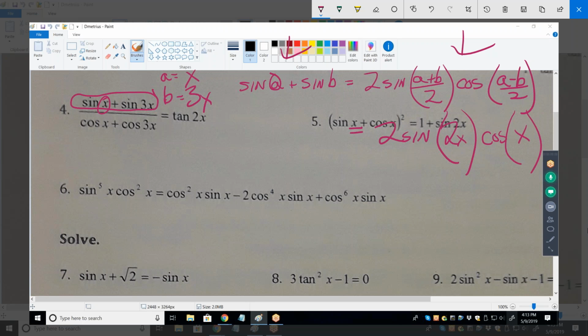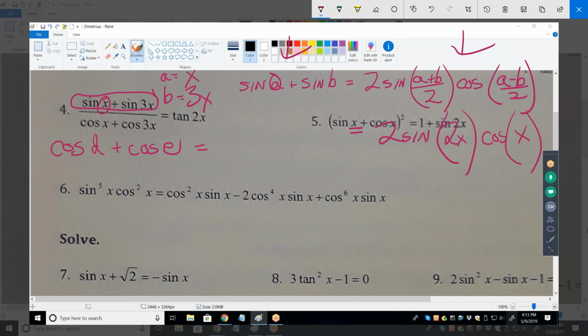Now, let's talk about the identity formula for the denominator. I'm going to use different letters this time. I'm going to use delta and epsilon. Those are angles, okay?